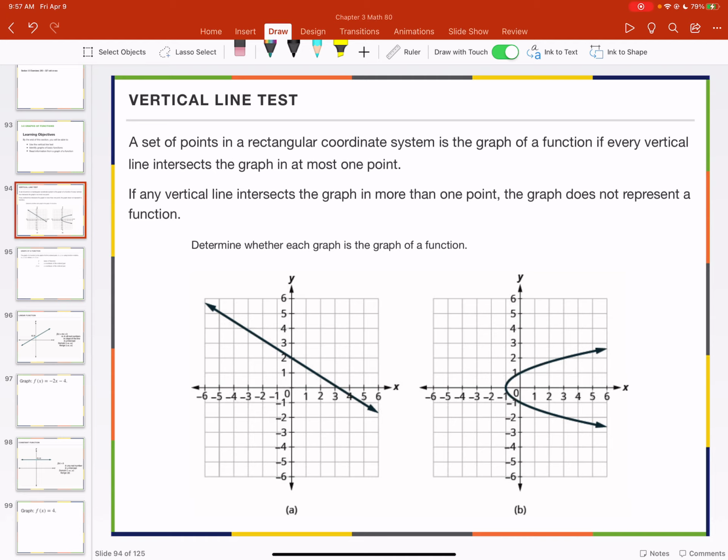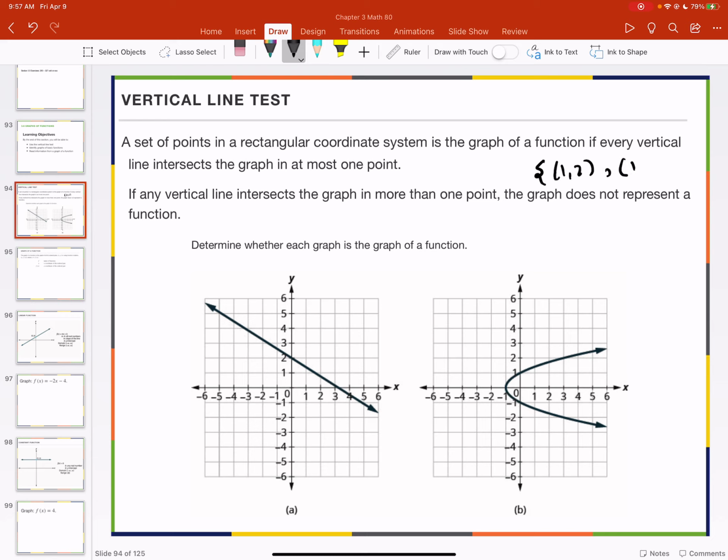If you had, let's say, points (1, 2) and (1, 3), this would not be a function, because in your domain you'd have this point 1 that maps to two different points, 2 and 3. So that's the definition of not being a function.